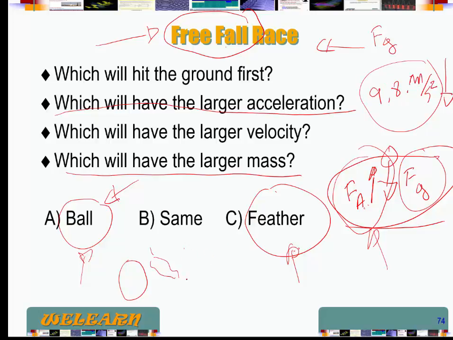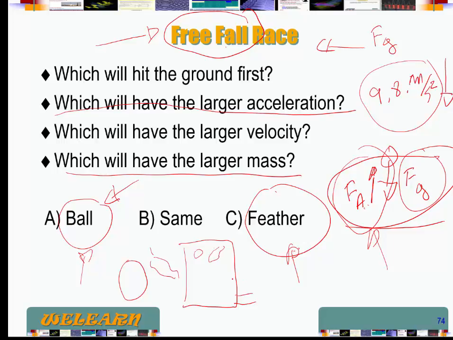On Earth, we can have an experiment like that, and you can search on YouTube, for example, and find videos that show you that. We can have both the feather and the ball in a container, and we can evacuate it.